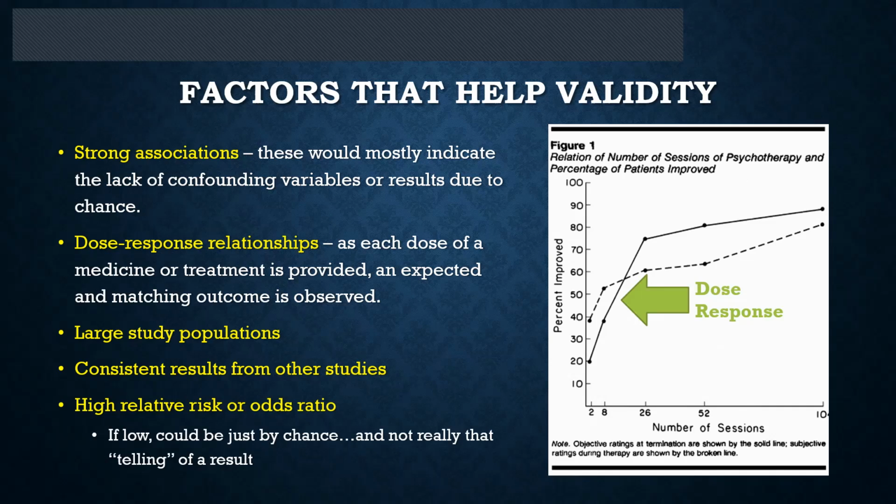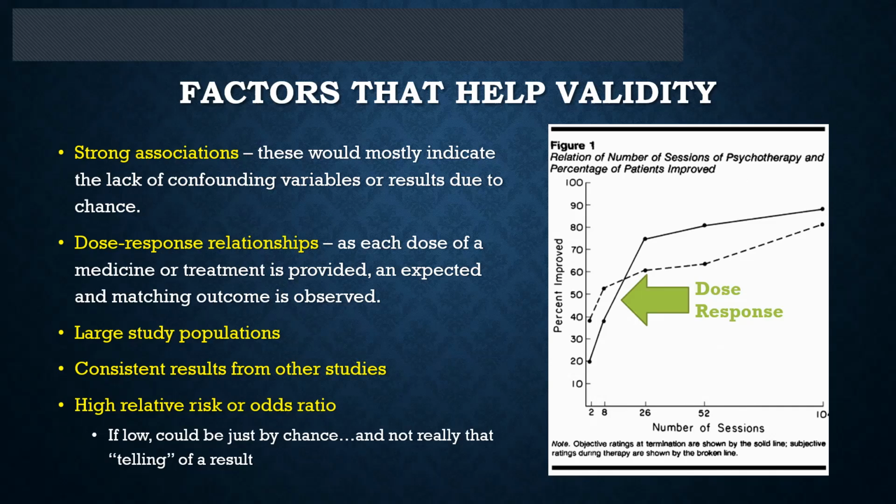And last but not least, a high relative risk or odds ratio. Keep in mind that an odds ratio is looking at the ratio between those who are exposed and get a disease over those who are never exposed and end up getting the disease to understand really what are the odds of developing a disease after an exposure. And what we've come to find is that if an odds ratio is relatively low, we have a pretty high opportunity for just chance to be leading to the risk and the odds that we see presented.